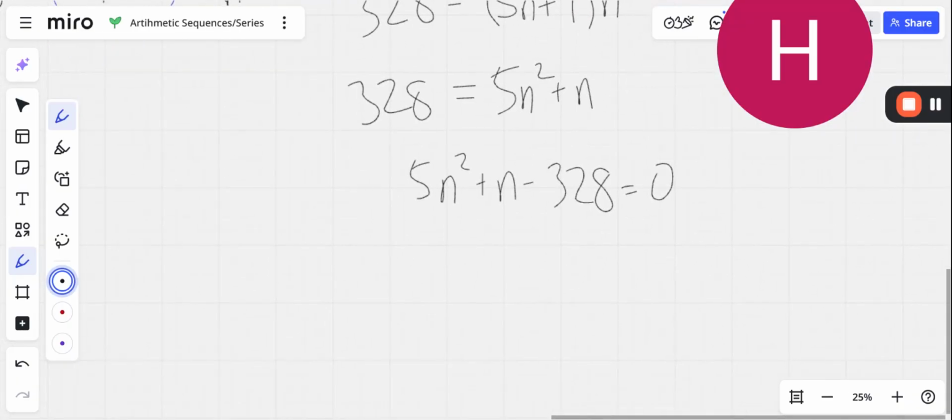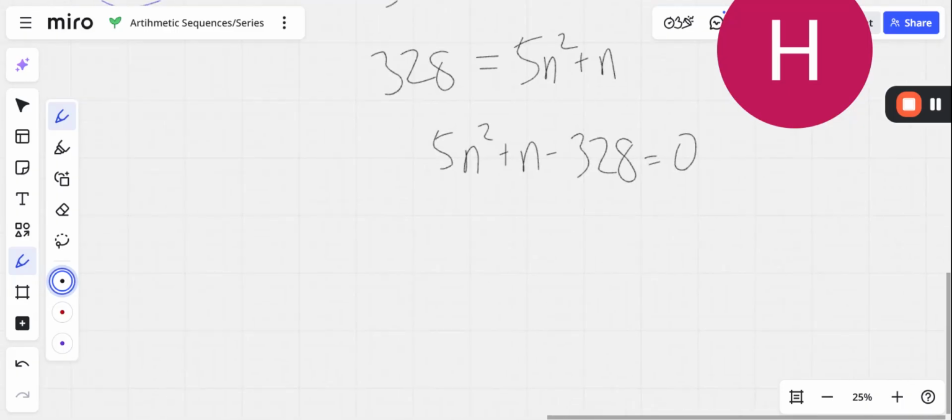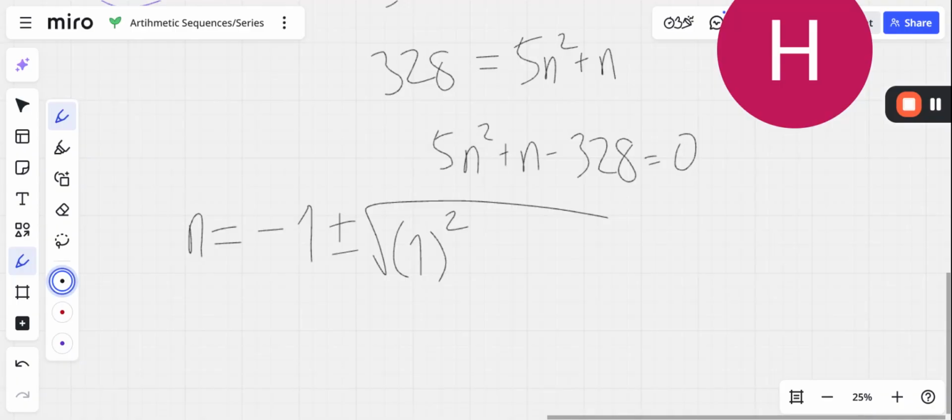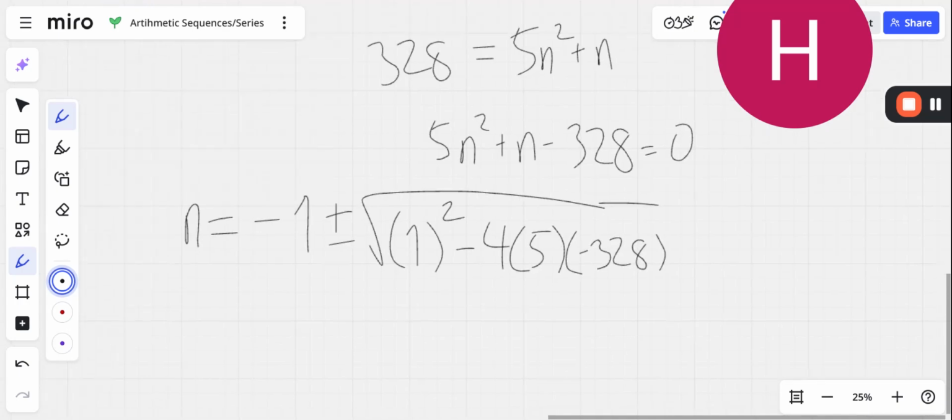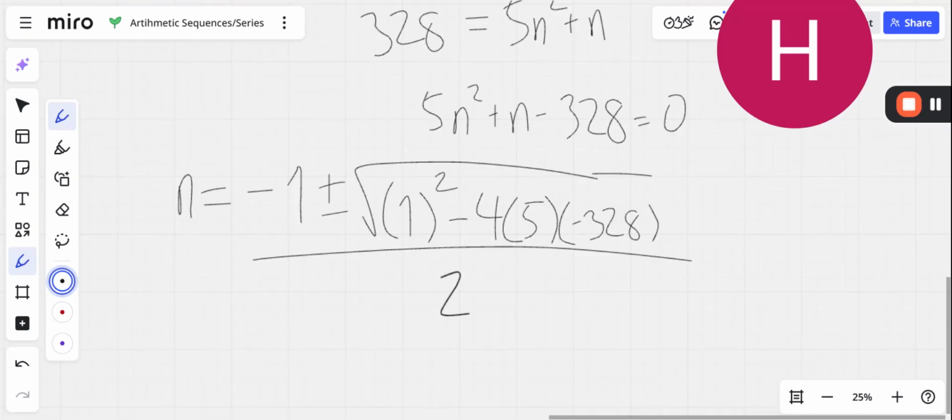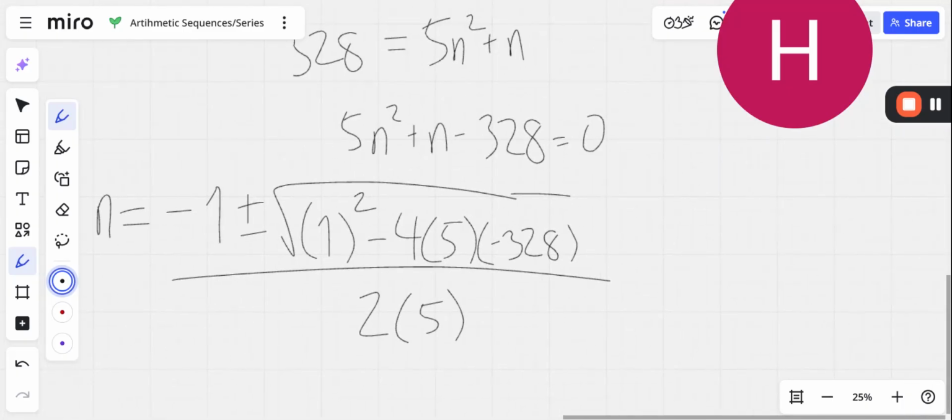Very interesting that this turned into having a quadratic. We can simply use the quadratic equation, negative b plus or minus the square root of b squared. Our b is 1 because there's really a 1 multiplied to the n, minus 4 times 5 times negative 328. And if you're not looking forward to multiplying that out, I'm sorry, but you have to. So what are we going to have here?